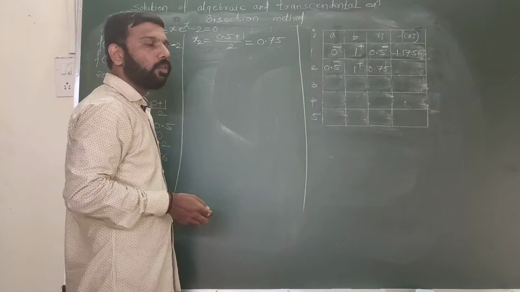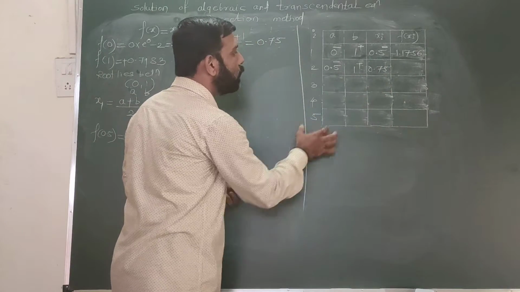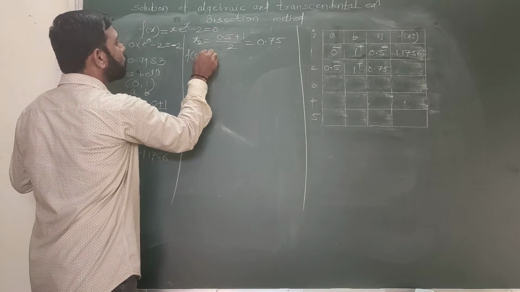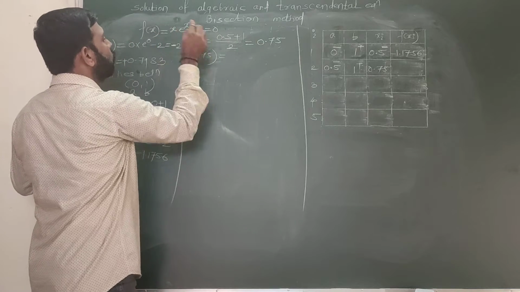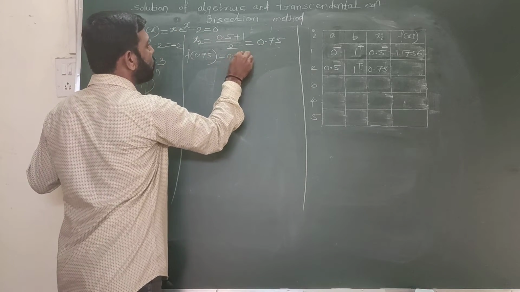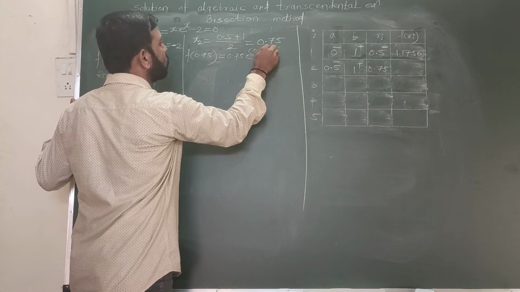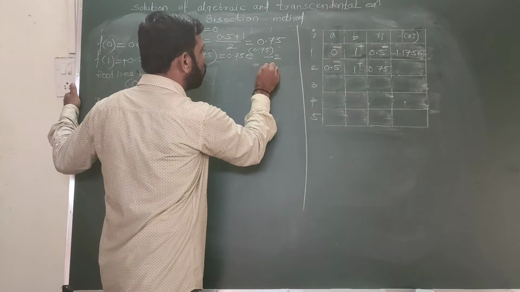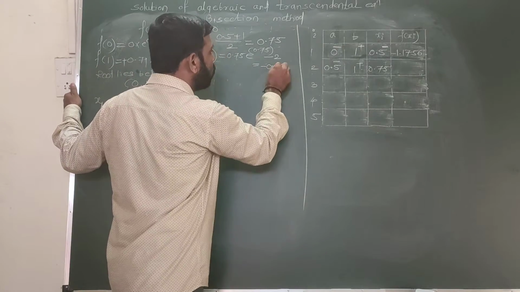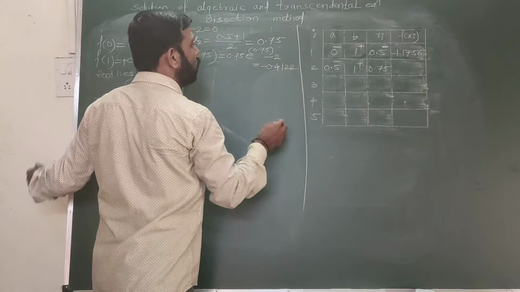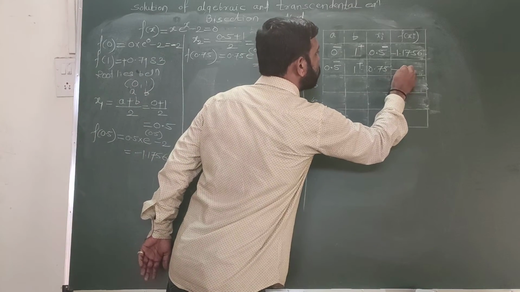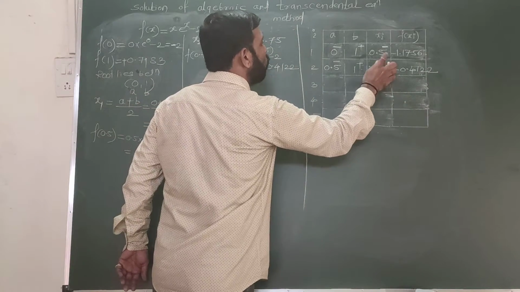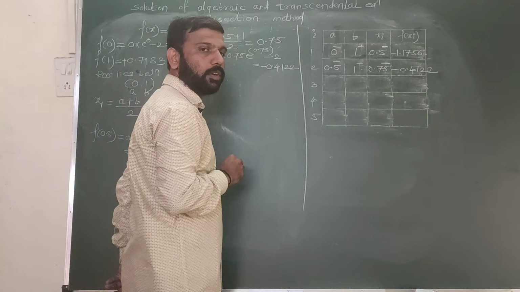Again we require the symbol for the next interval. Put f of 0.75 in the equation, and the output is minus 0.4122. Again we put the minus symbol for this 0.75.